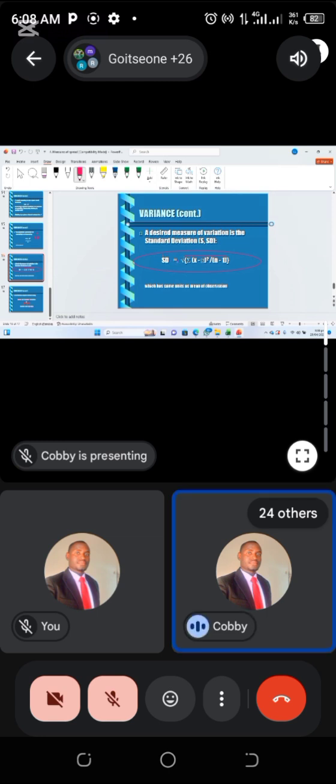The standard deviation is the square root of the summation of x minus x bar squared, you put these brackets, divided by the degree of freedom, which is n minus 1.